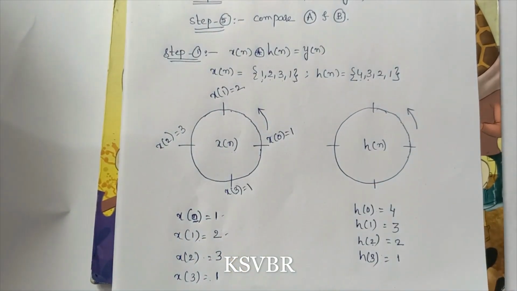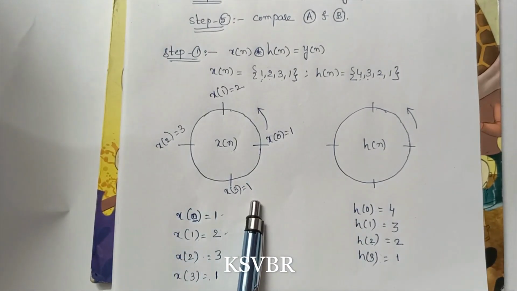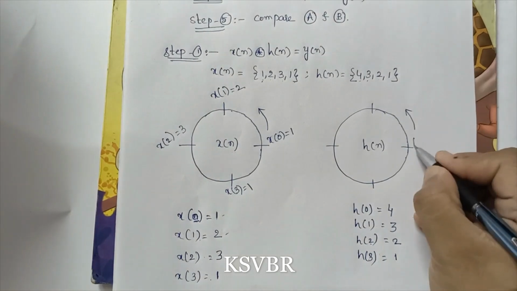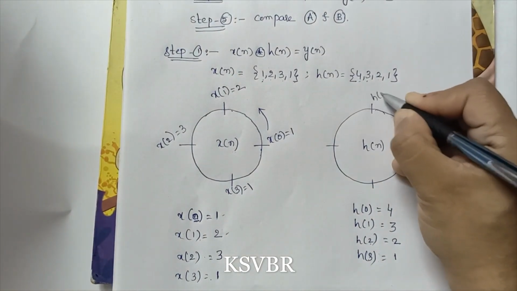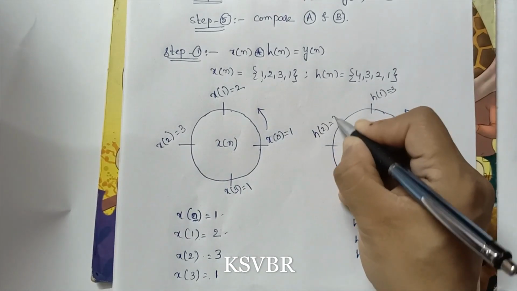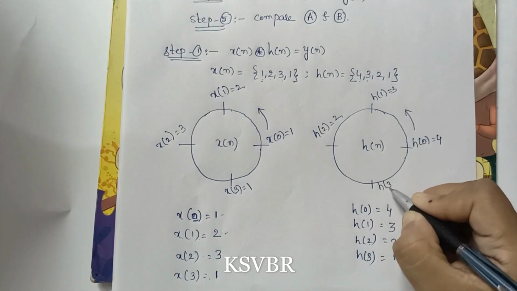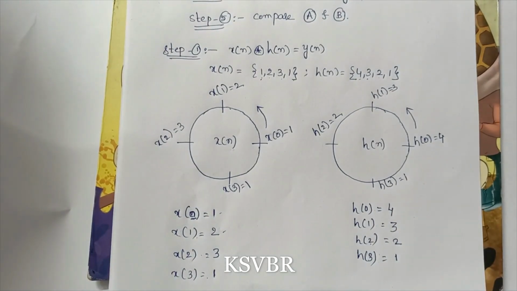In the same manner, h of 0 is equal to 4, h of 1 is equal to 3, h of 2 is equal to 2, h of 3 is equal to 1. Like this we represent both x of n and h of n.